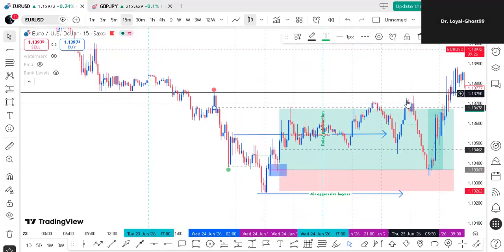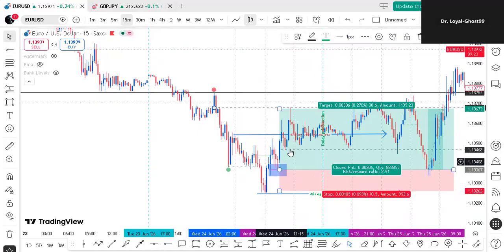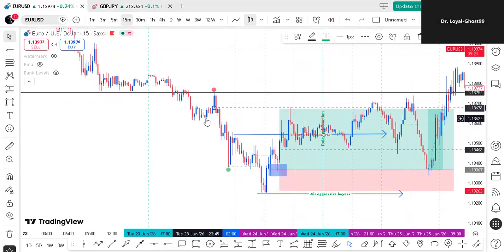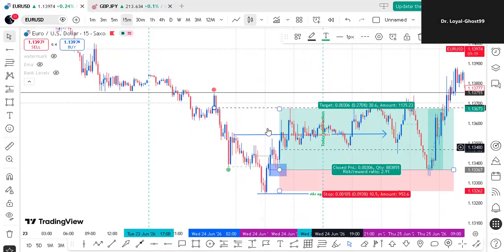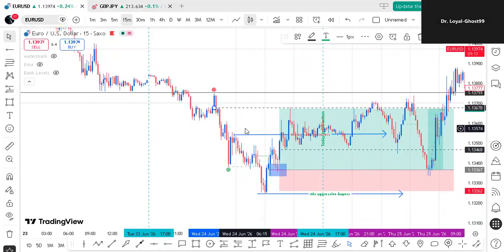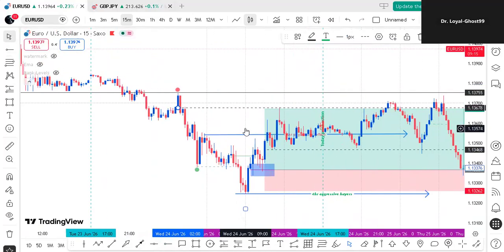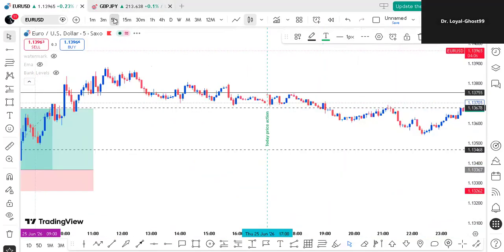After reacting, it came back to our entry level. Before reaching that part of the entry, what did we notice right here? Once we're in this range of the 4 hour, we monitor zones through the 4 hour and the 1 hour. The 4 hour gives us the range.